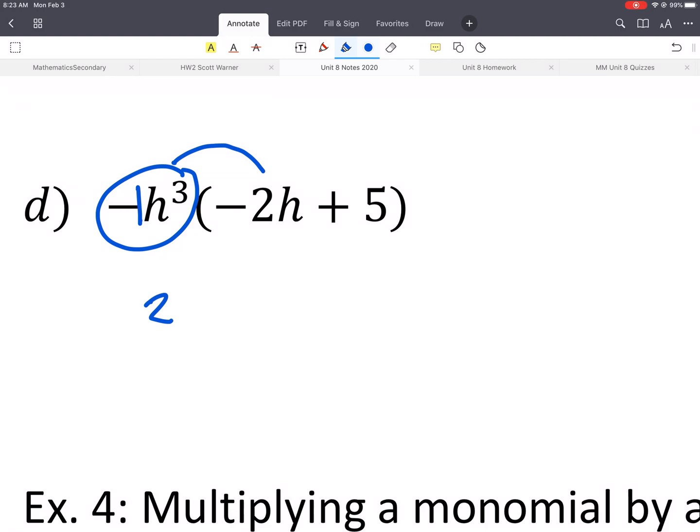Or you could say negative 1 times negative 2 gives you a positive 2. And then we've got h to the third times h. That gives you h to the fourth. All right, and we'll distribute the next one. Negative h to the third times 5 gives you negative 5h to the third.